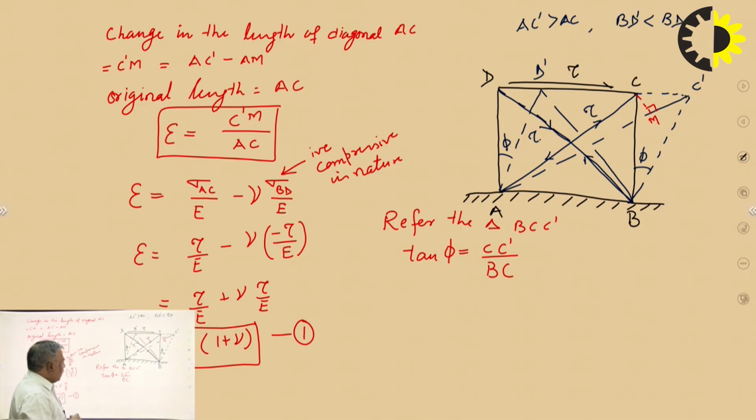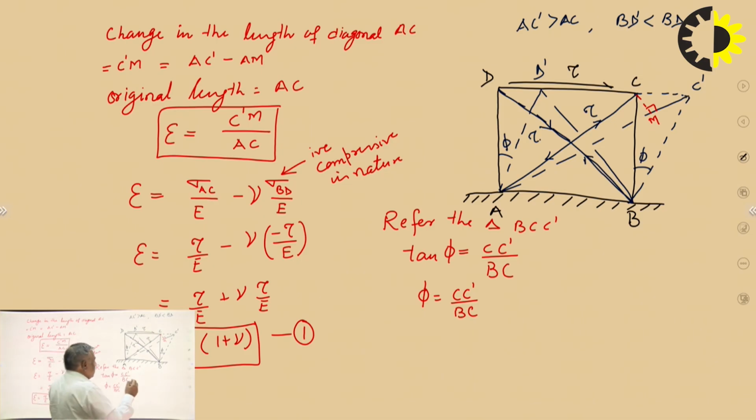Since the material of this block is rigid, the distortion or deformation is negligible, so tan phi may be approximated to phi. We can write phi is equal to CC prime upon BC.